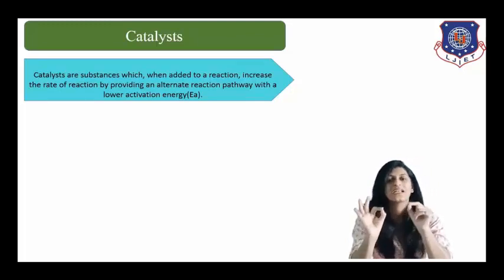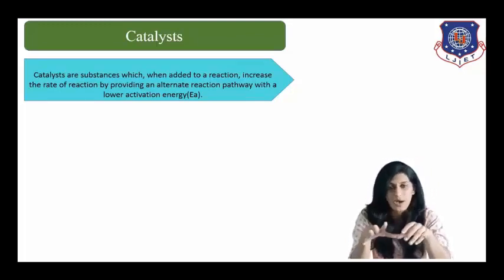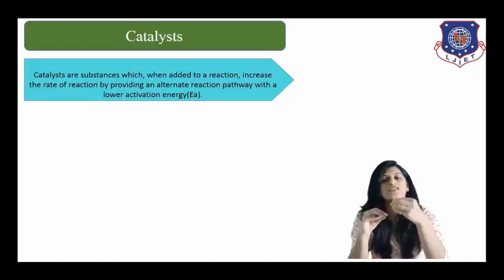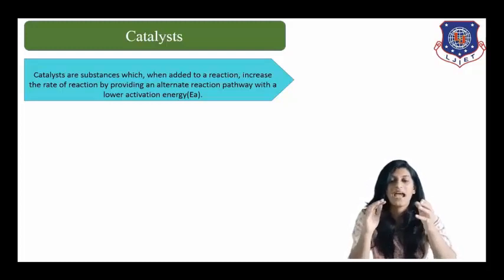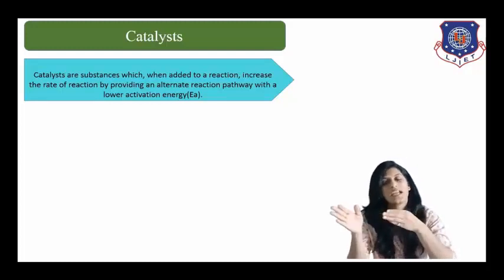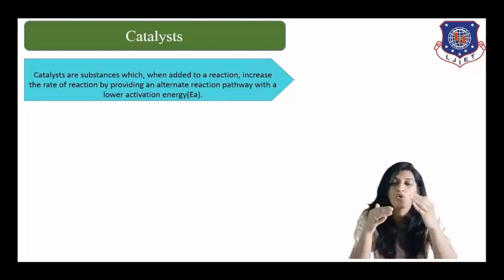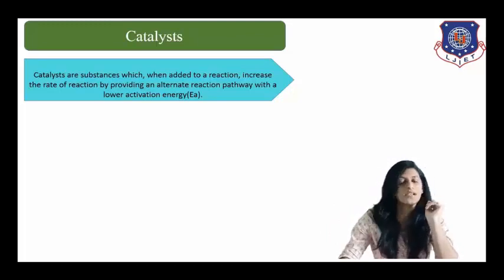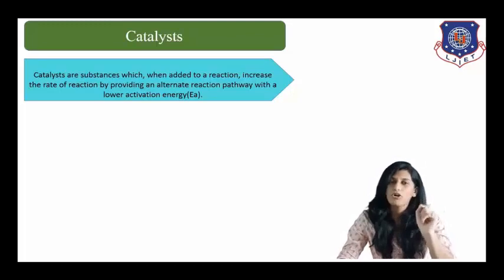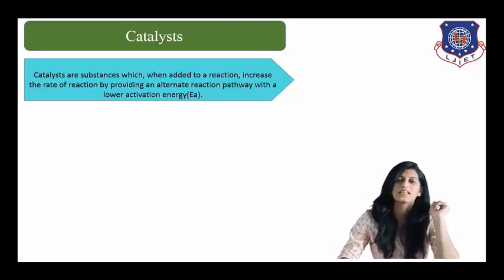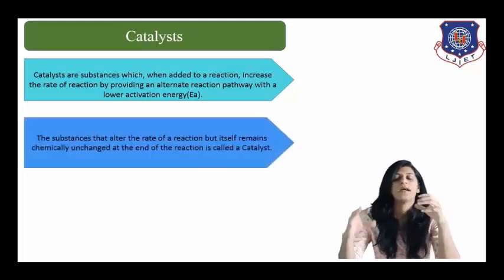So basically, catalysts are those substances which are added to the reaction to enhance the rate of reaction by either providing an alternate pathway or by lowering down the activation energy. So this is a catalyst.